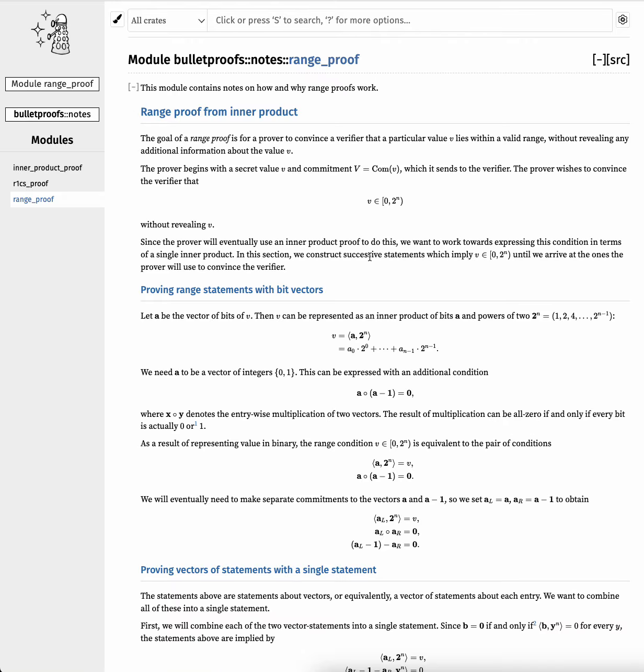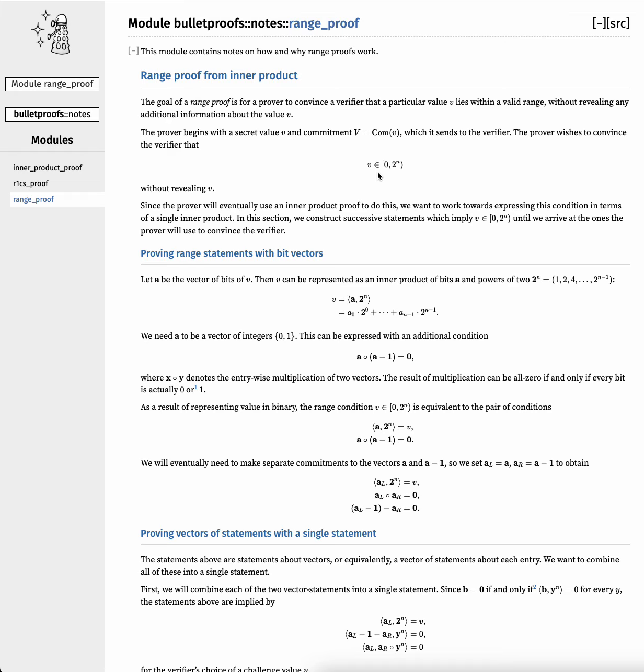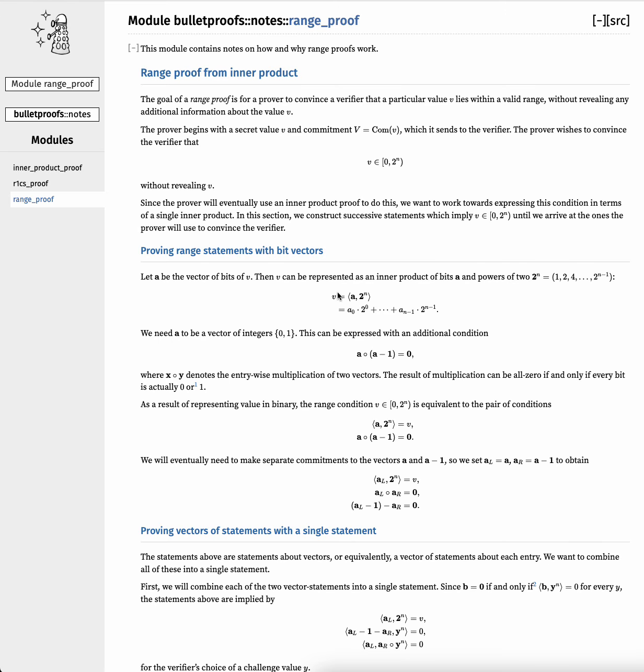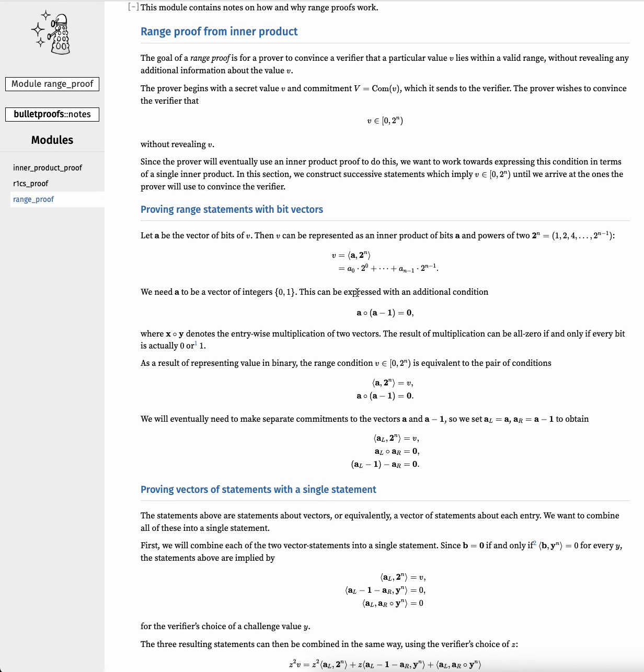If you haven't seen the previous one, just as a recap, we're trying to check that the value v is in some range, but we only have a commitment to it, and the commitment is blinding. So we have a blinding factor, and to check that, we're checking that we have a binary decomposition where the vector AL represents the bits of V. We also need to prove that AL represents the bits, not only the binary decomposition of size n.